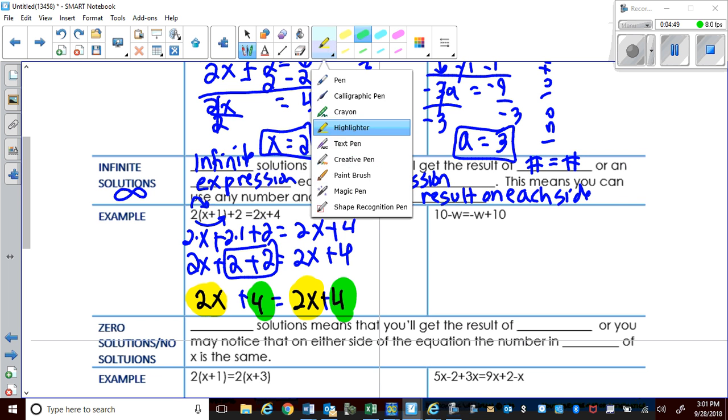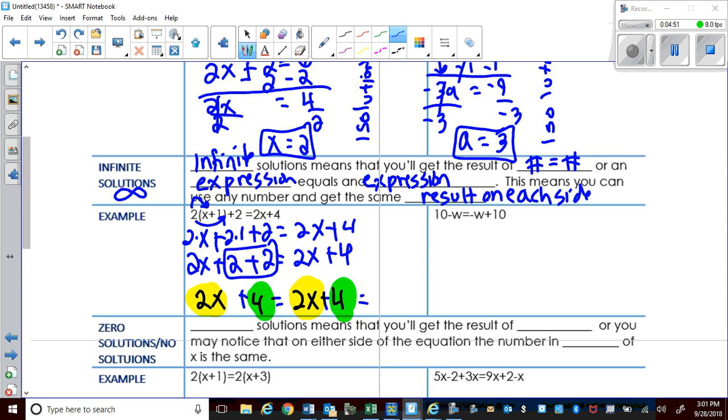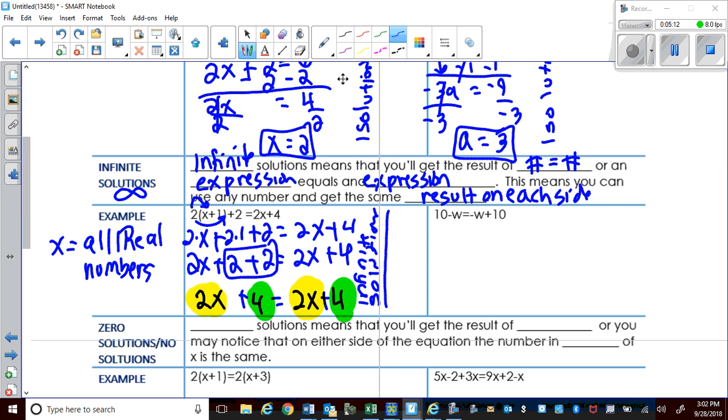So when you have that kind of situation, you have infinite solutions. We also refer to this as x equaling all real numbers. So you could plug in any real number, and you would get the same thing on each side forever and ever.